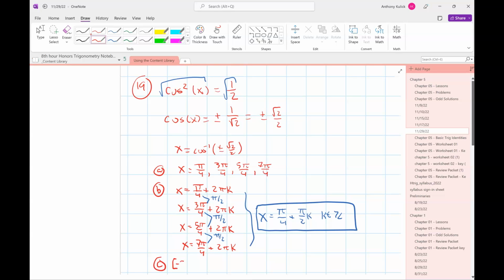Let's see, part C was, I think, that interval, right? Yes. Okay. So all of my answers for part A fall inside that interval, right? All of those are between negative 2 pi and positive 2 pi.